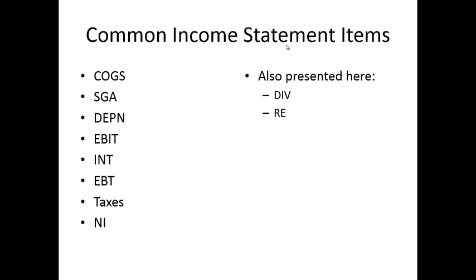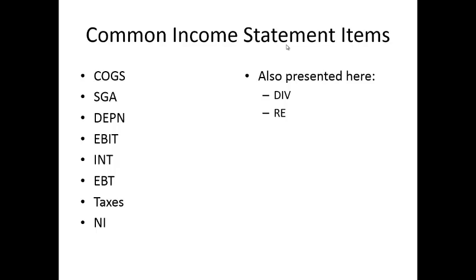That's the cost of sales. We also have selling, general, and administrative expenses. Those are the expenses that we incur not directly related to making the product, but definitely directly related to selling the product. So cost of goods sold would be materials and labor. Selling, general, administrative would be customer service or our marketing crew that goes out and sells our product and makes sure that it's placed properly in stores.